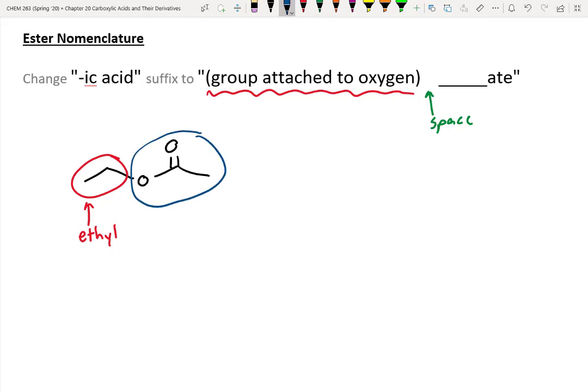And if we think about this as a carboxylic acid, it would look like this part, right? So this would be acetic acid. But what we need to do is drop the ic and the acid and change it to an ate suffix.